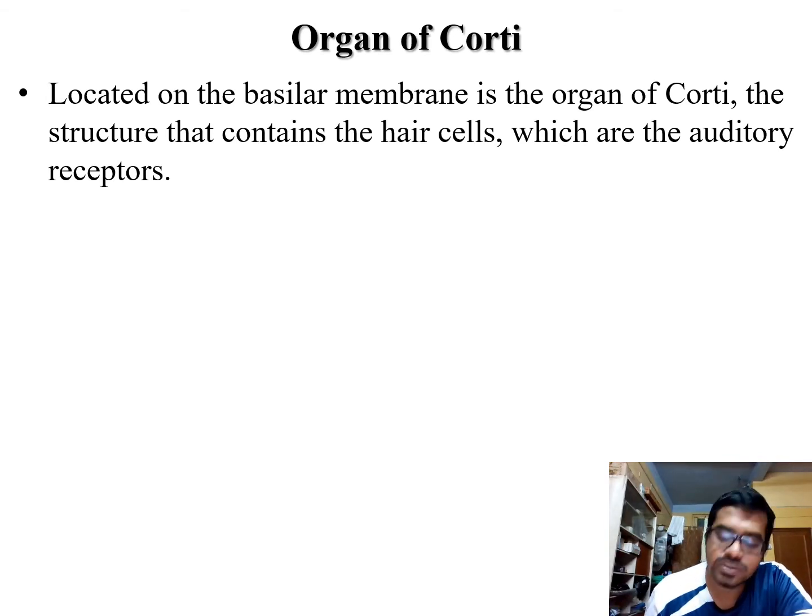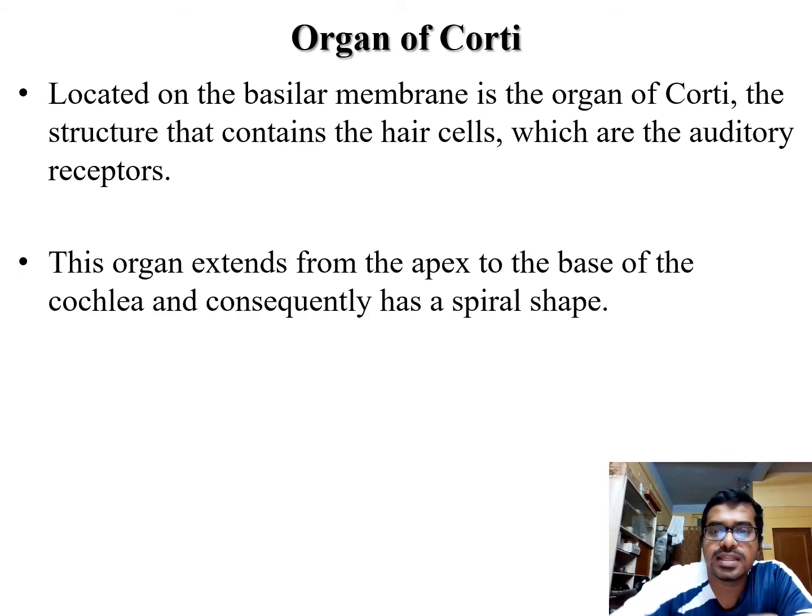Now how is it disposed? Just like the cochlea, the organ of Corti extends from the base till the apex of the membranous labyrinth. So basically it is also coiled like the cochlea, and hence it's also sometimes called the spiral organ of Corti.